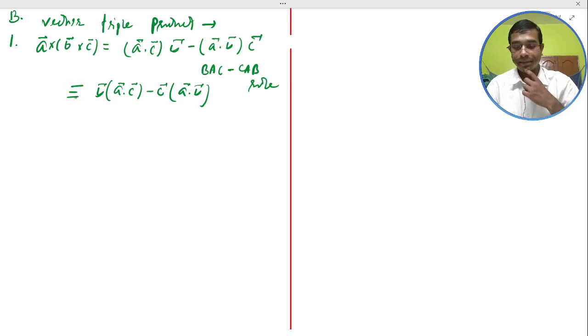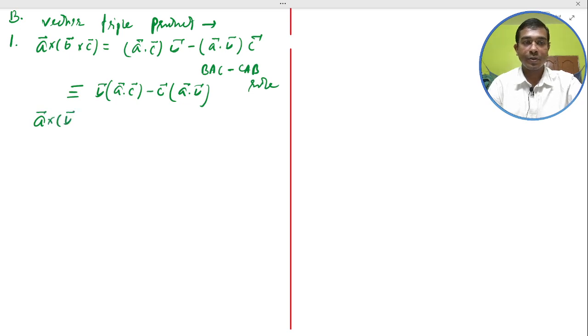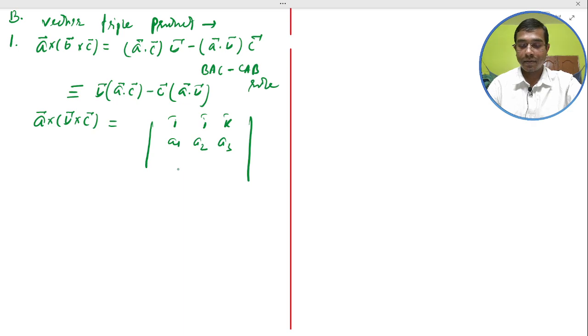Equivalent. Suppose A, B, C are in the form, then the vector triple product, defined as A cross B cross C, is equal to the determinant of i, j, k, A1, A2, A3, and here it will become P, Q, R. Let's say the A is A1i, A2j, A3k.